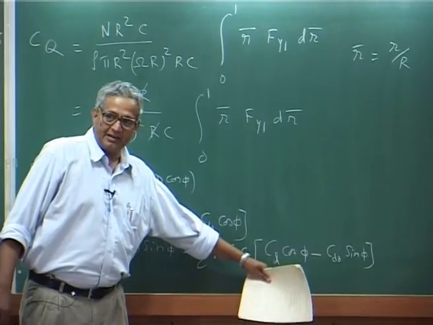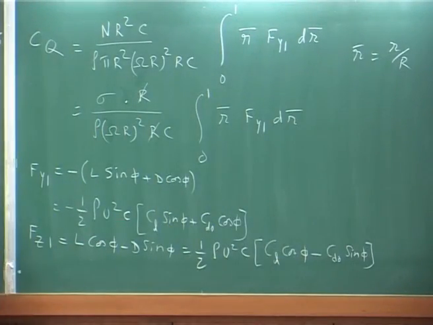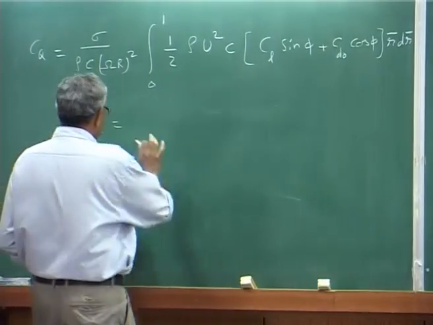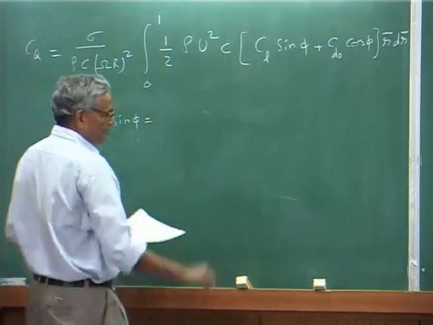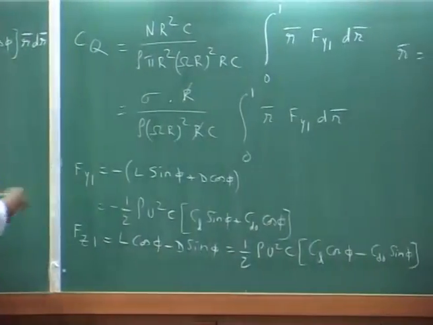Write C L in terms of the rest of the quantities, you will get C L. Okay, let me put it C L into sin phi. Okay. I am multiplying by sin phi, so divide by cosine phi.